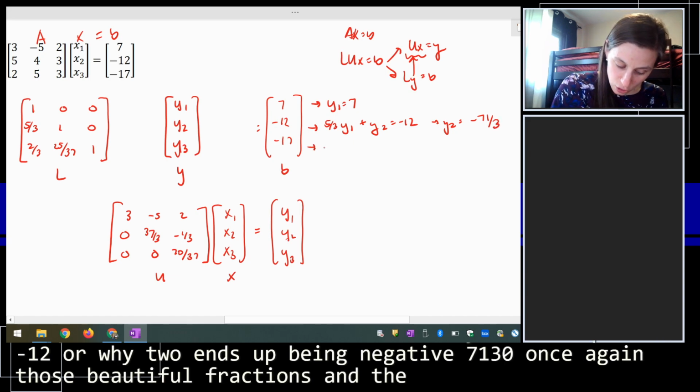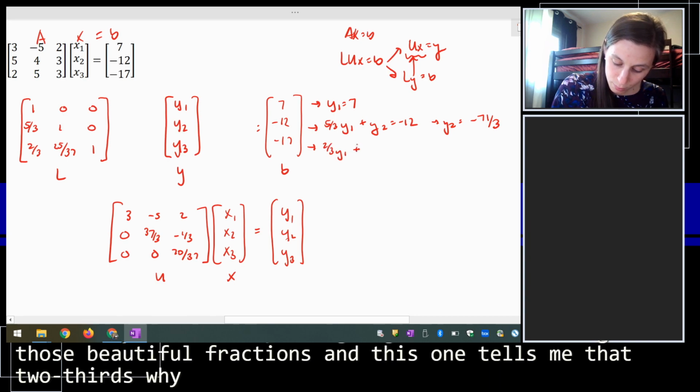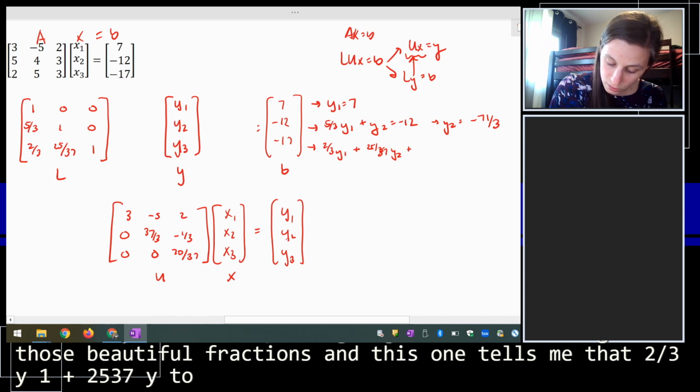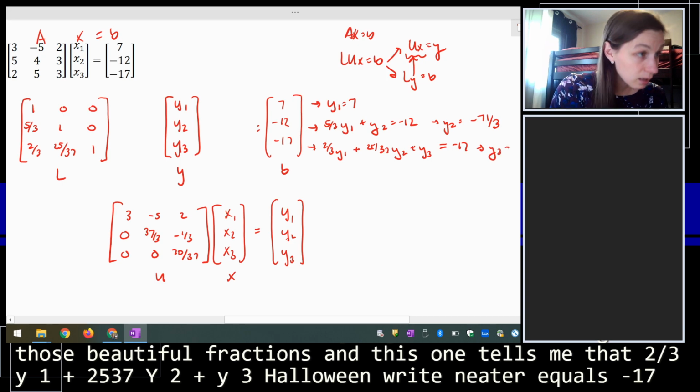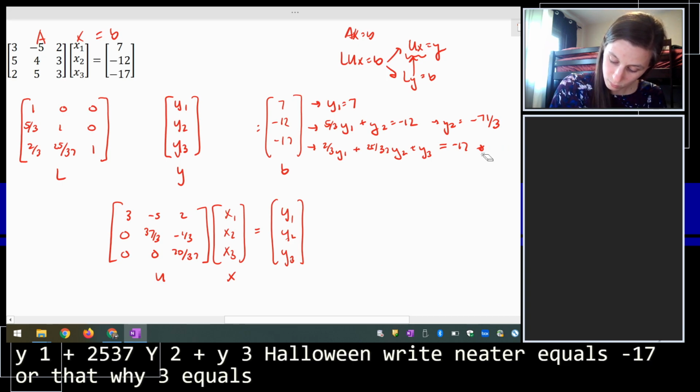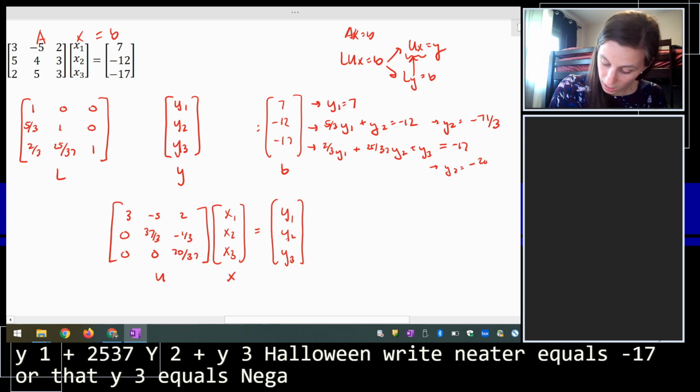And this one tells me that 2/3 Y1 plus 25/37 Y2 plus Y3 equals negative 17, or that Y3 equals negative 210 over 37.